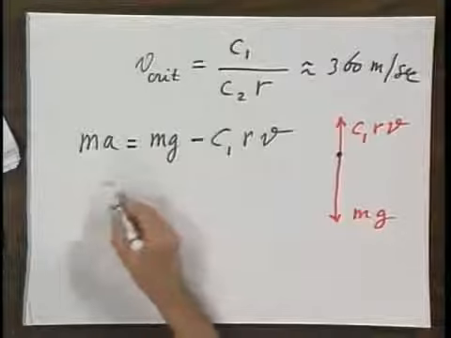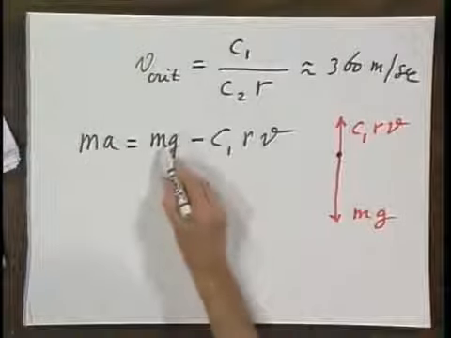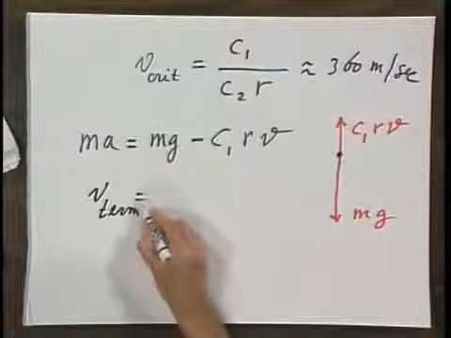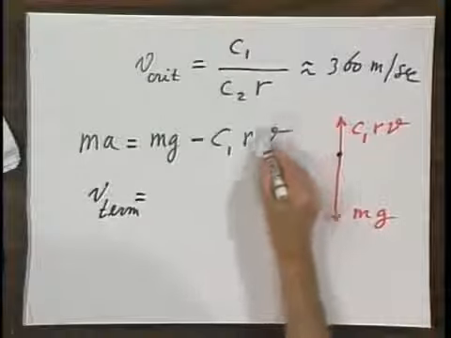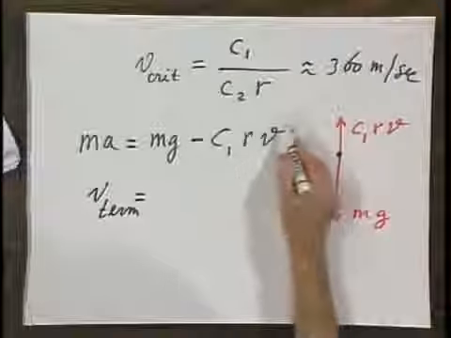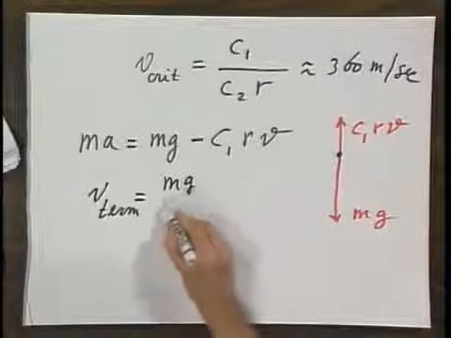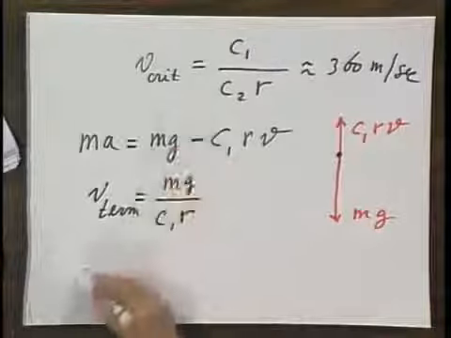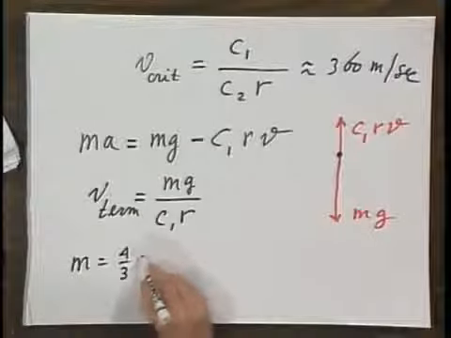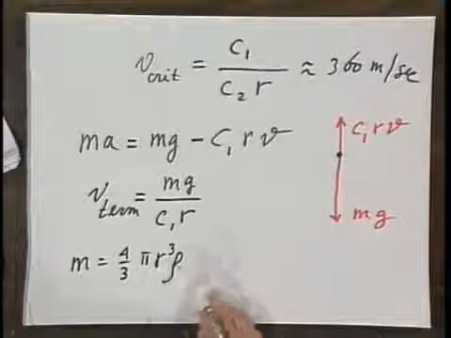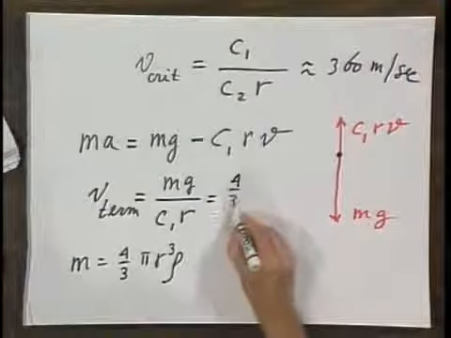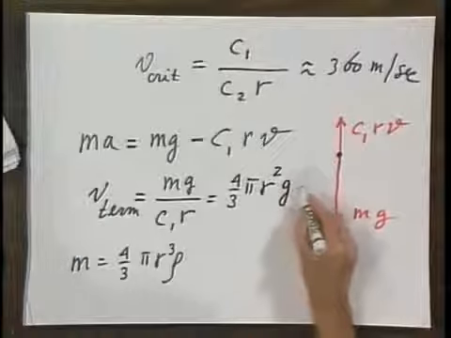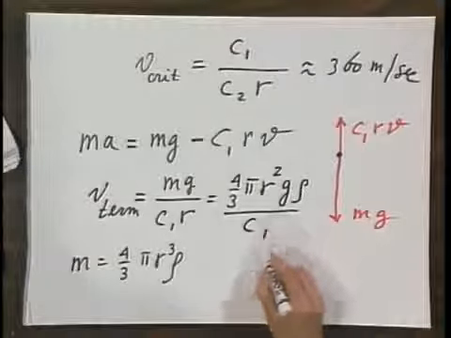If now you want to calculate the terminal velocity, that's the case when this is 0, when mg is the same as C1 R V. And so the terminal velocity now, for the case whereby the resistive force is linear in speed, not proportional to the speed squared, we now get mg divided by C1 R. And if you want to substitute for the mass 4/3 pi r cubed times the density of the object, then you can also write down here 4/3 pi r squared times g times rho divided by C1.